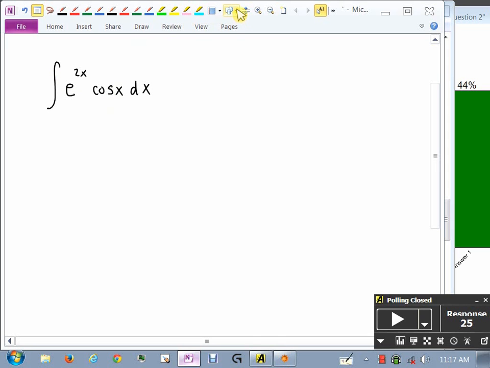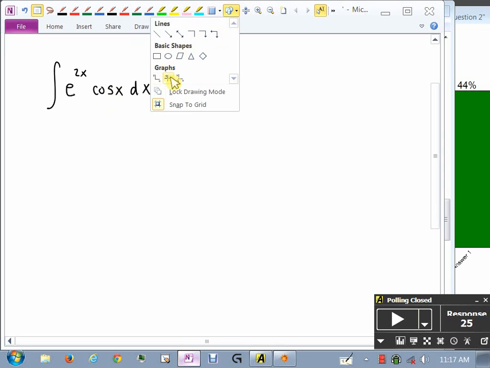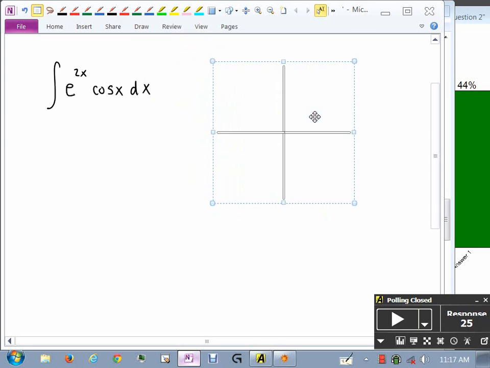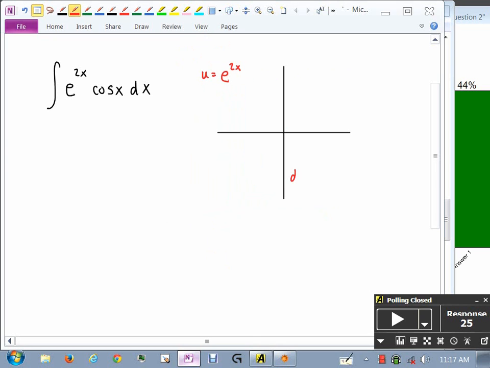I said you need to pick a u, and you need to pick a v. So I'm going to choose my u to be e to the 2x, and my dv to be cosine x dx. The only reason I did that is because I like the antiderivative of cosine x. It's just sine x.